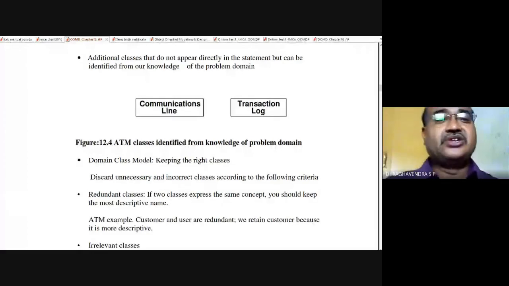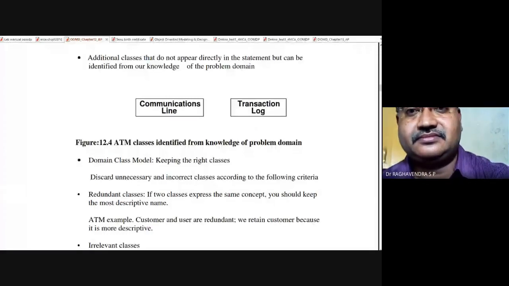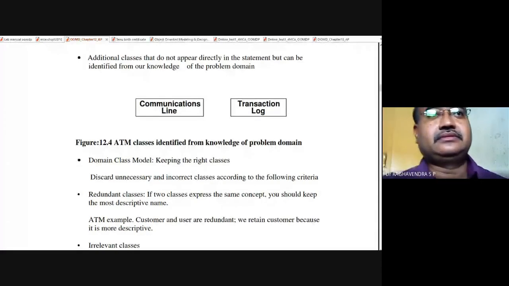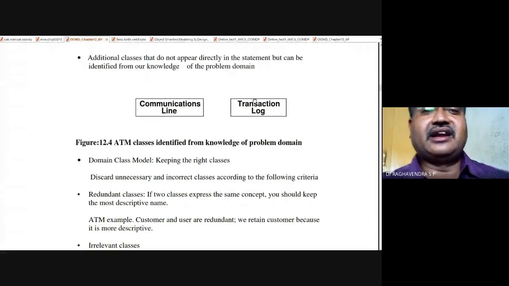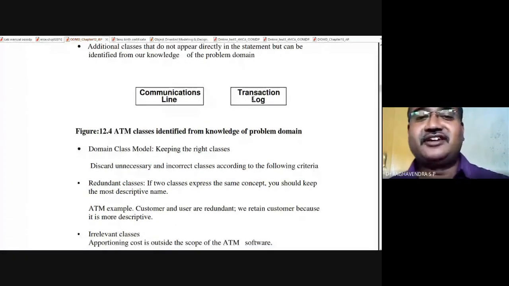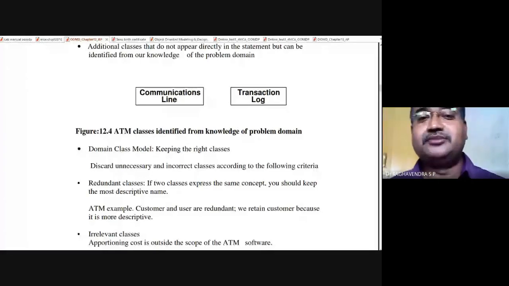Among them, the first one is redundant classes. All of you know this word, redundancy, which is used in DBMS, and you know very well that redundancy means duplicate data.